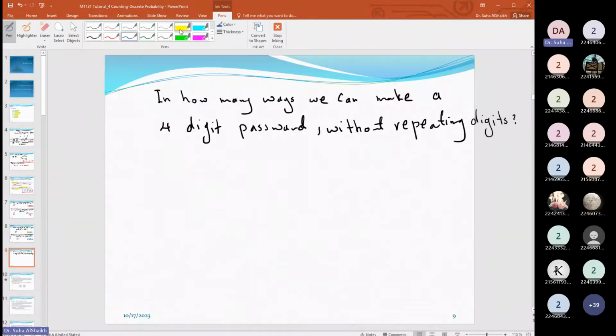So again, I'm talking about a 4-digit password.